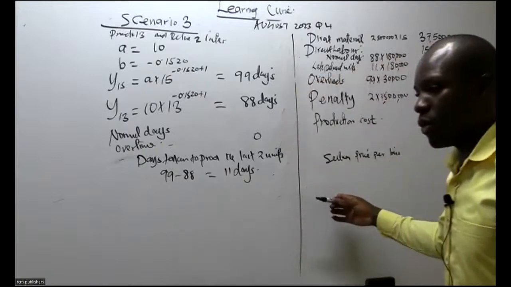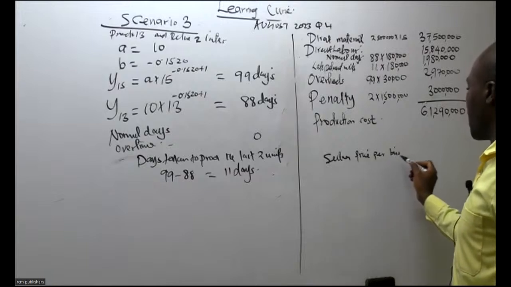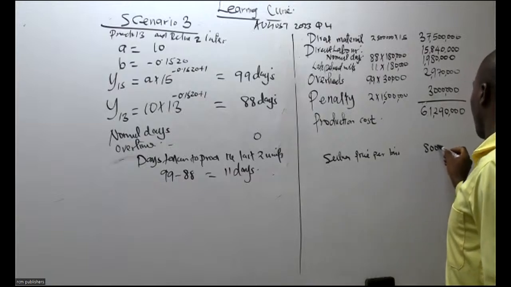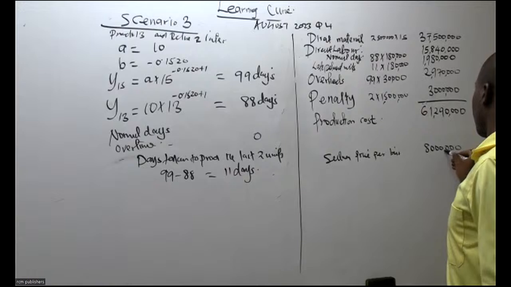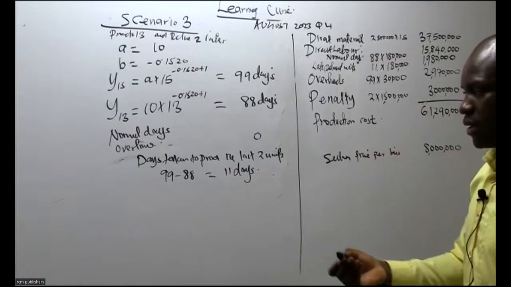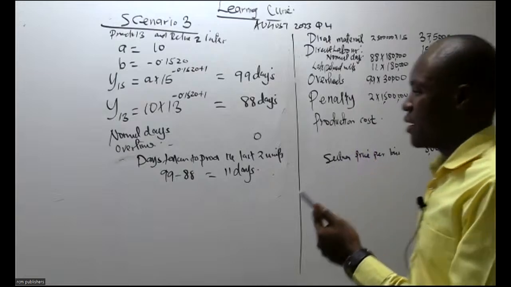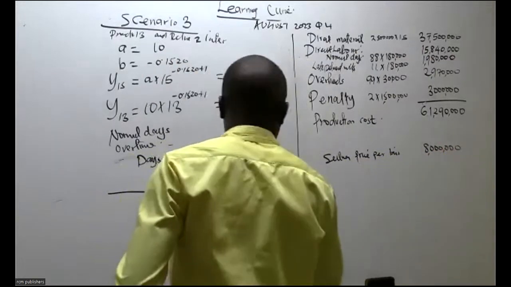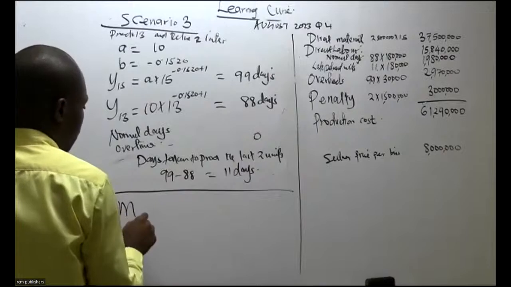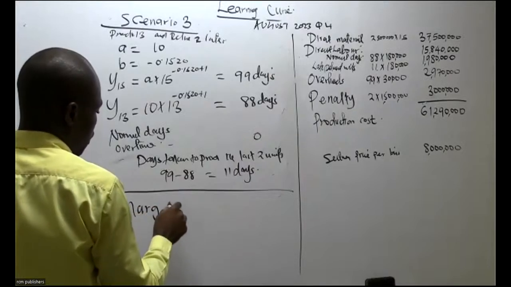Sasa tumefika hapo. The selling price per bus is 8 million. That is the selling price. And we are told the target profit margin. I believe at this level, we understand the difference between margin and markup.